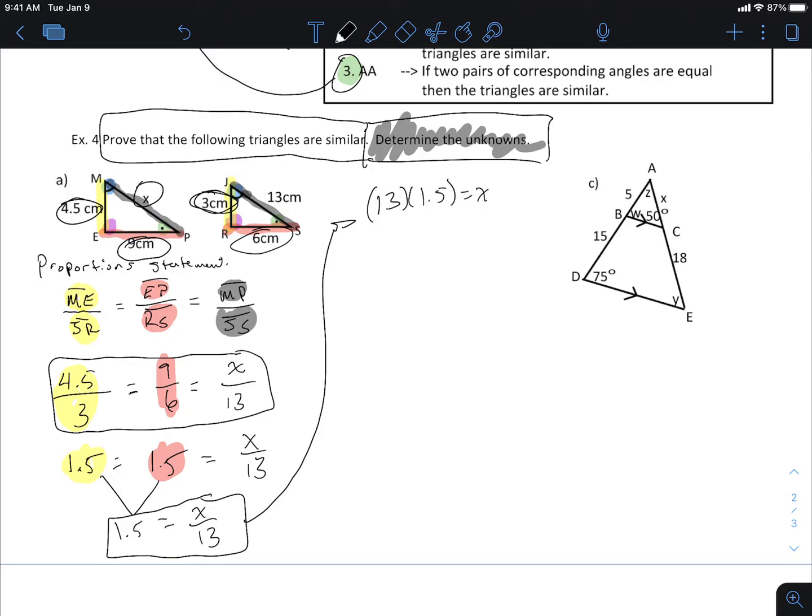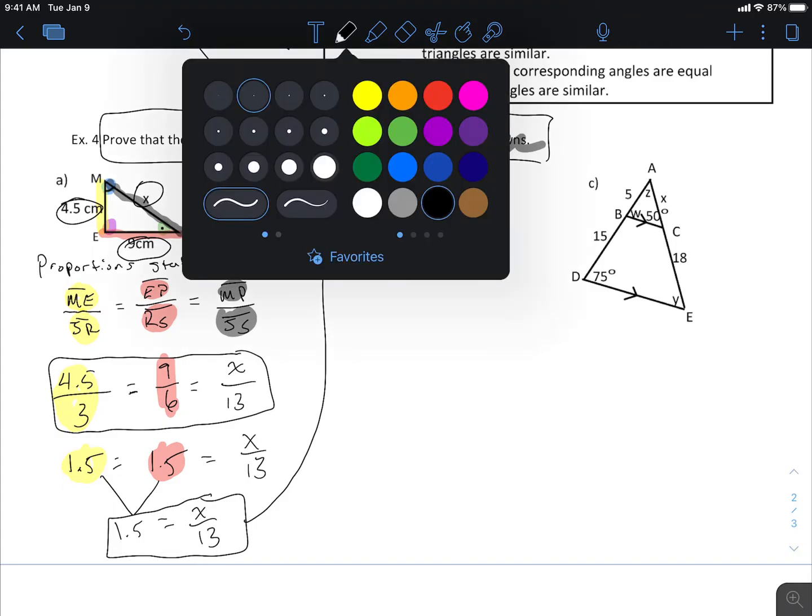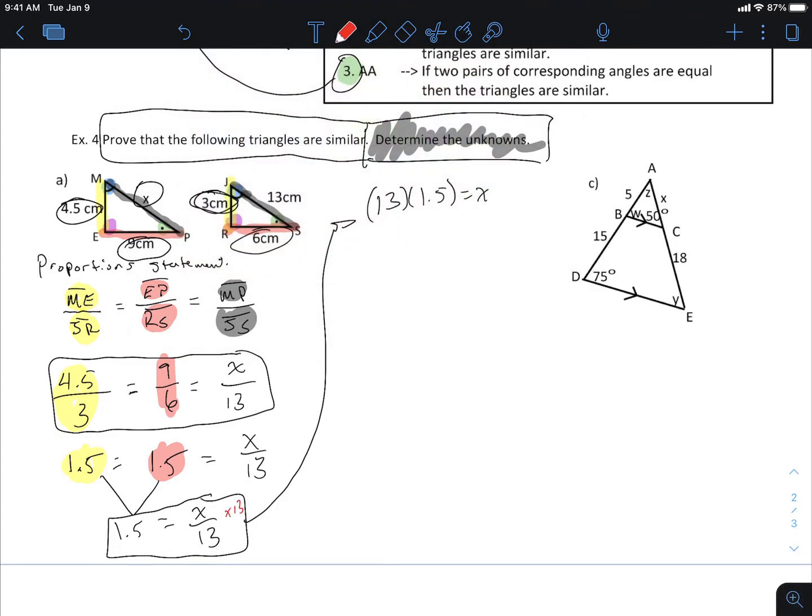I now have x by itself. The 13s cancel, and if you just do the math on that, 13 times 1.5 is 19.5. You now know, using similar triangles, what this value is over here.